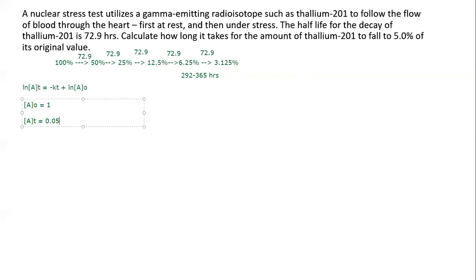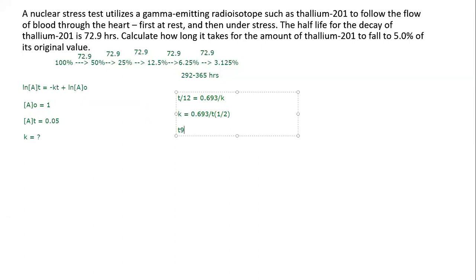Now we need k in order to solve for time. So the way we find k is through the half-life. For a first order reaction, t1/2 equals 0.693 divided by k. So k equals 0.693 divided by t1/2. So if we know the half-life, we can find k. And this k is going to be in hours inverse because our time is in hours.